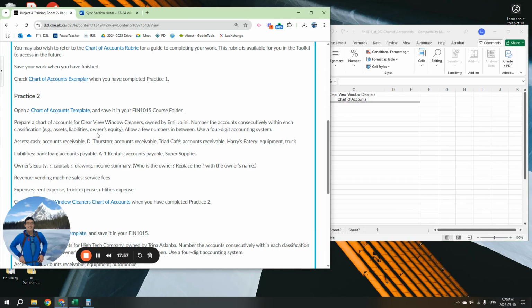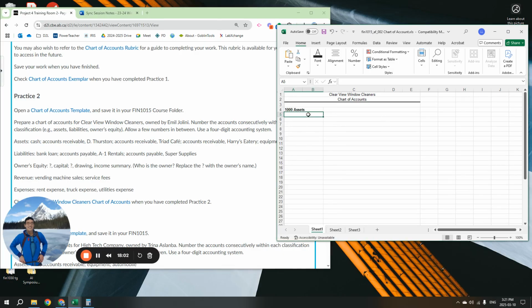Cash is going to be 1001. 1002 is going to be accounts receivable, D. Thurston, that's the person who owes this money. 1003, accounts receivable, Triad Cafe.